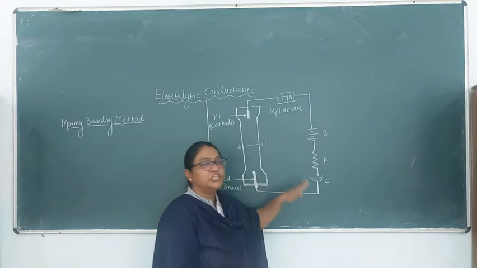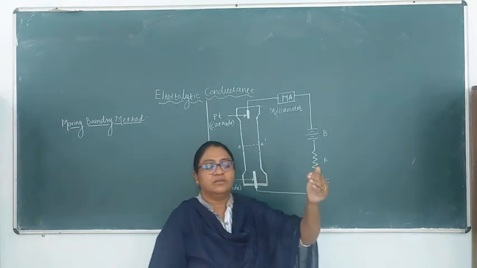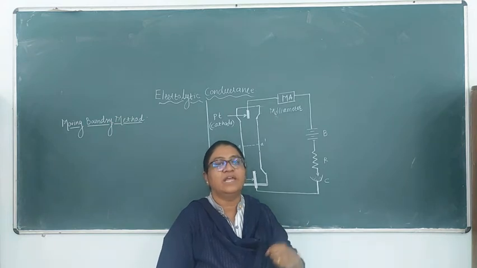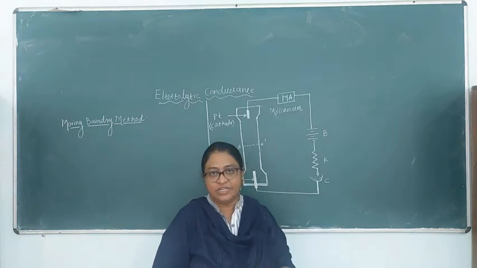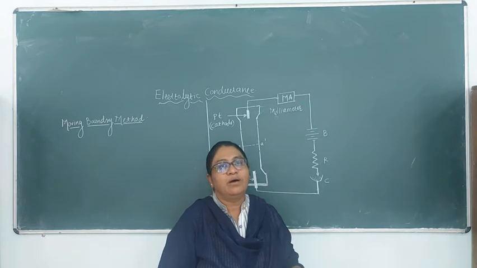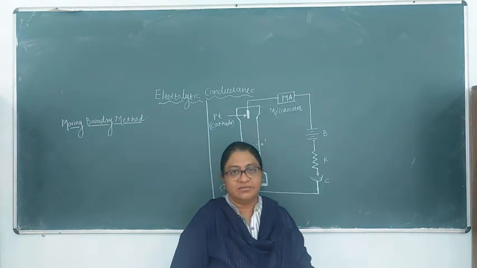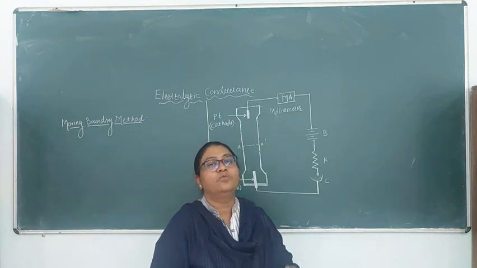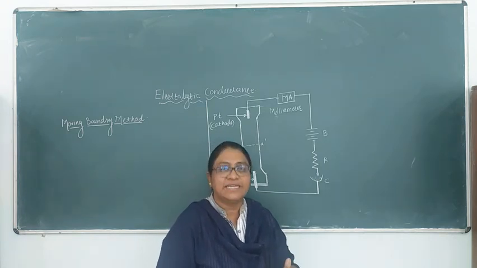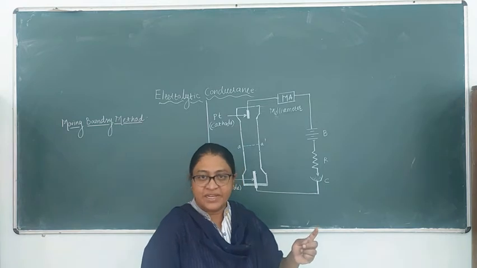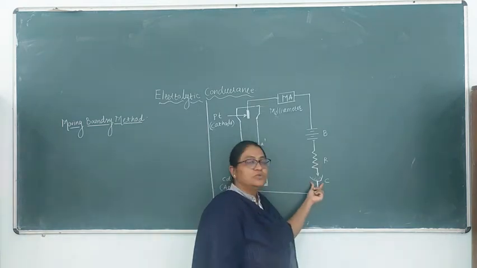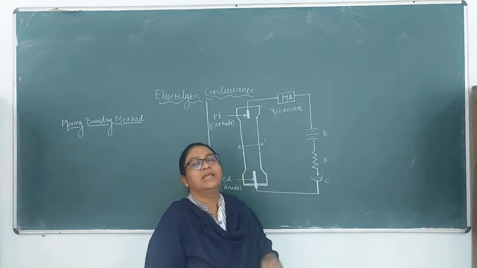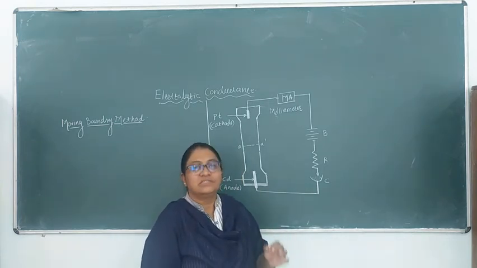On the platinum dish, the silver ions accept electrons and get deposited, and from the amount of silver deposited, we can calculate how much electricity has passed through the circuit. So the use of the coulometer is to calculate how much electricity has passed through the circuit.